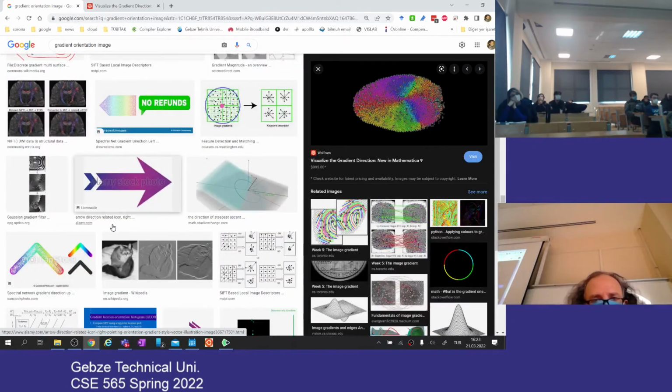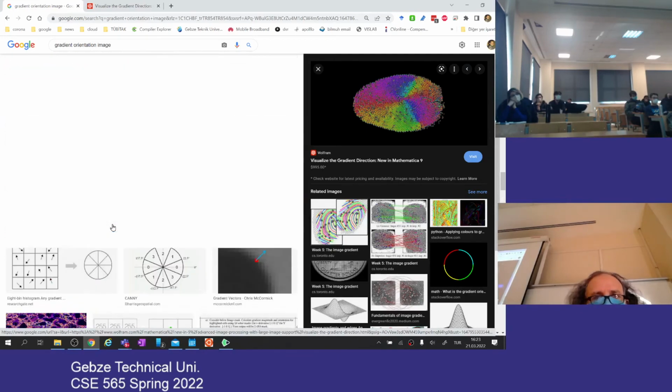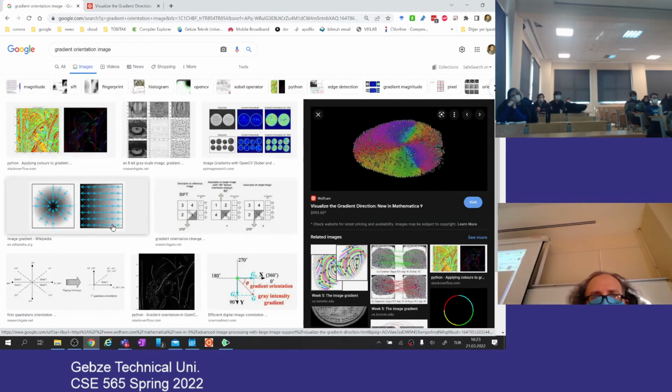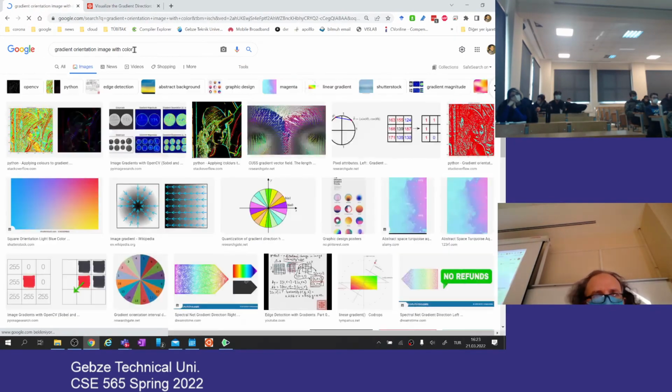Couldn't find it. As always, if you try to look up gradient orientation image with color, I get the same thing here. Yeah, this one might be it.